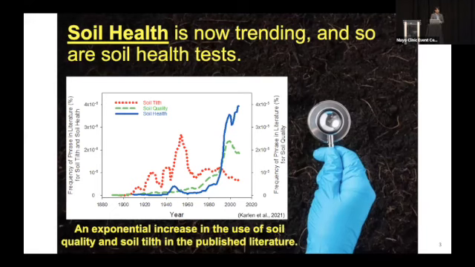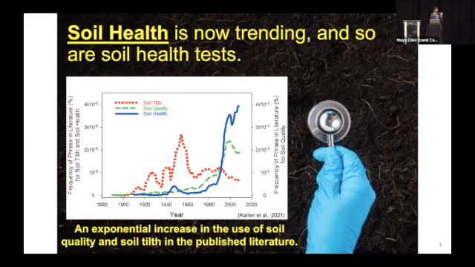So this is the data that I'm showing you. We actually published it as a book chapter with Dr. Doug Karlen and my previous supervisor, Marshall McDaniel. In that book chapter, we got this data on how many times the words soil health, soil tilth, or soil quality have been used. And you can go to Google.